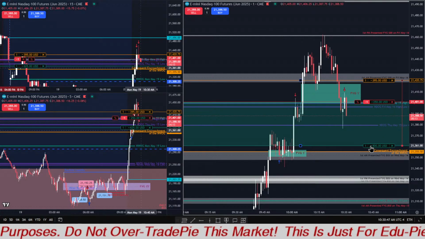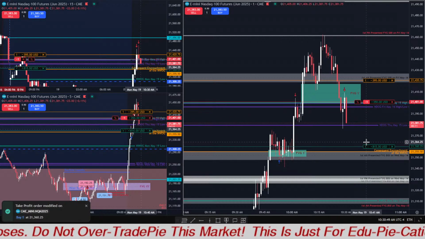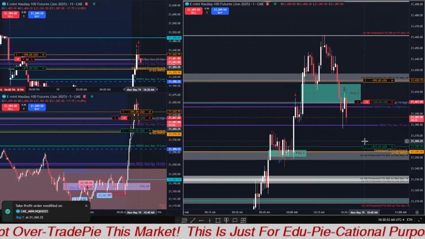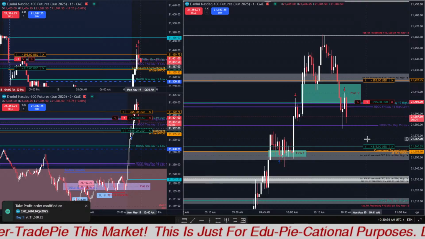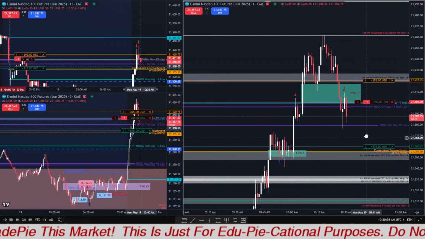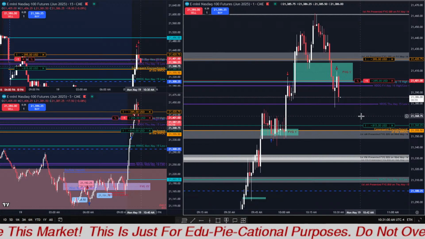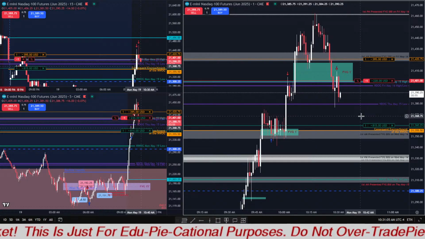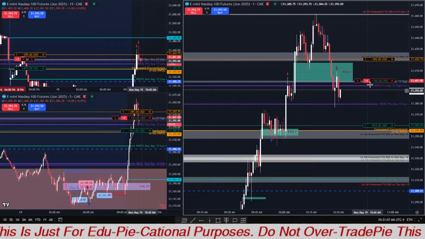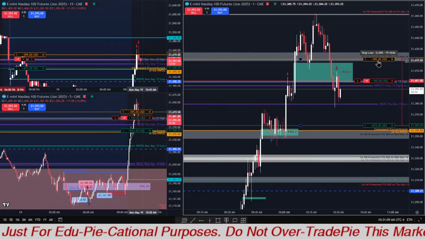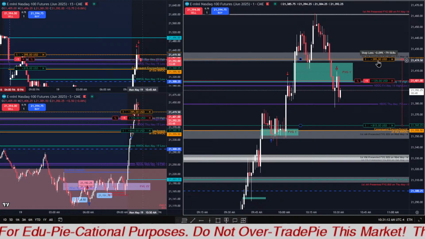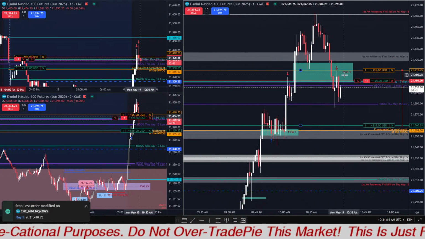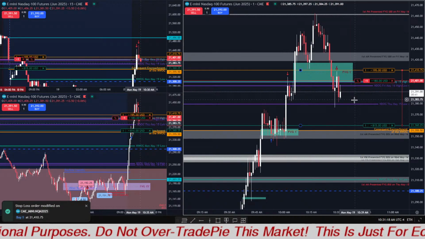I'm reducing the risk above the consequent encroachment of this inversion fair value gap.